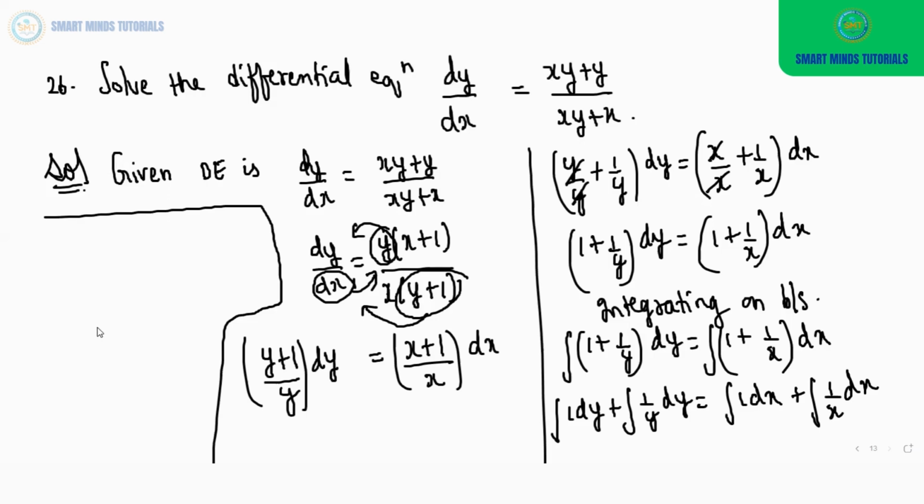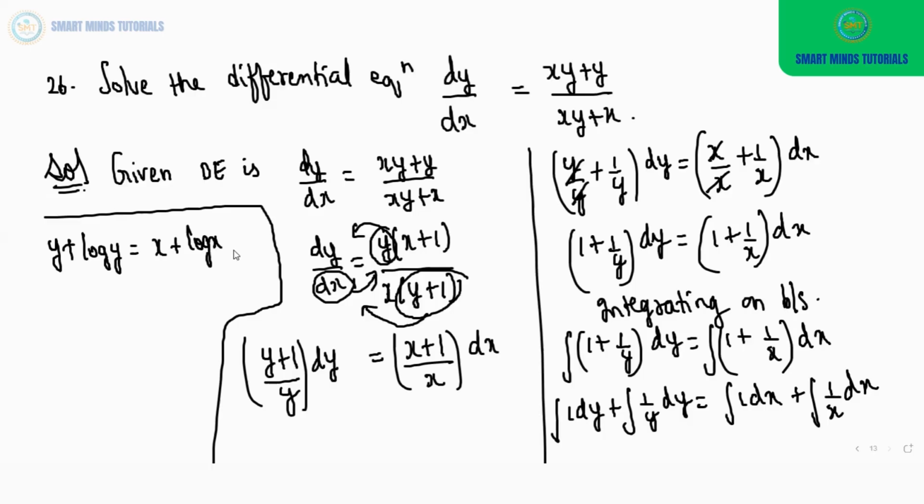So integral 1 dy will be y. One more formula I am introducing here. Integral 1 by x is log x. So integral 1 by y will be log y. Now integral 1 dx is x. Integral 1 by x is log x.